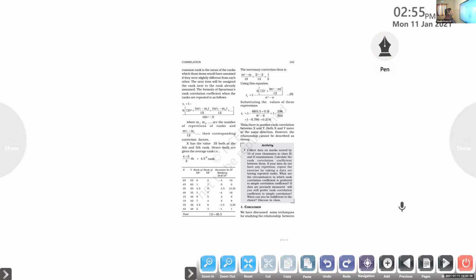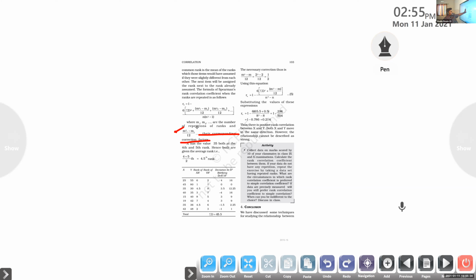Here m1, m2 are the number of repetitions of ranks, and m cube 1 minus m1 divided by 12 are their corresponding correction factors. X has the value 35 both at the 4th and 5th rank.